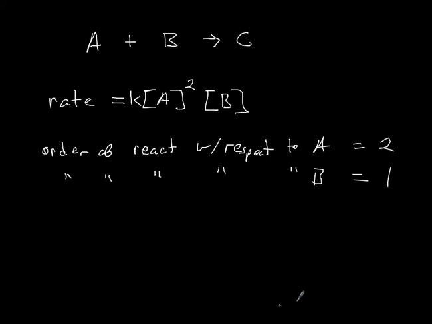Okay. Now, what does that mean? Let's break it down. Well, what that means is that, for example, if we took B and doubled the concentration of B, let's say that the concentration of B is 2.